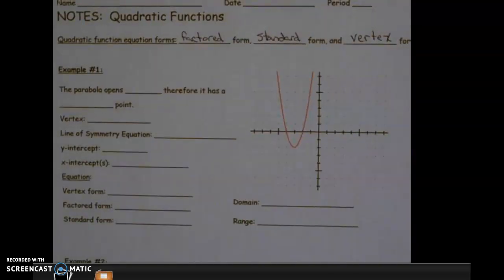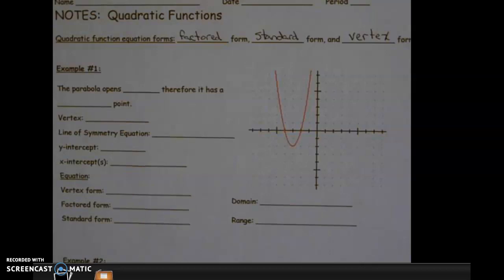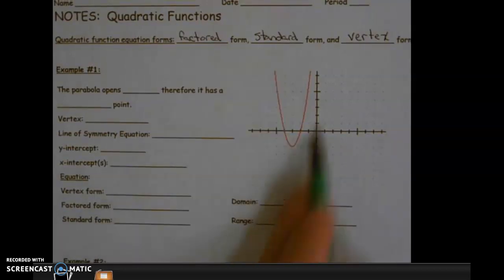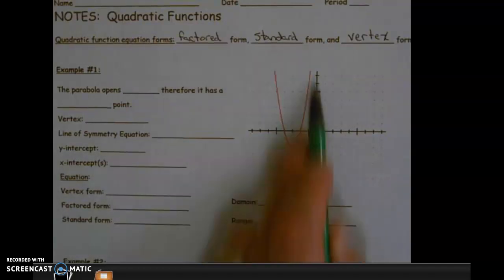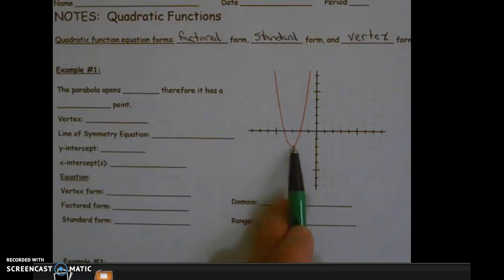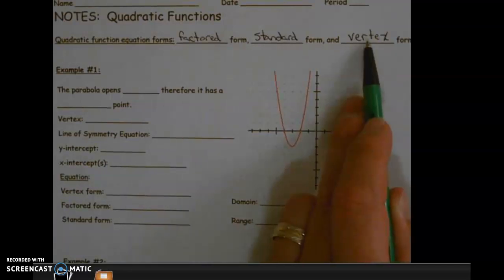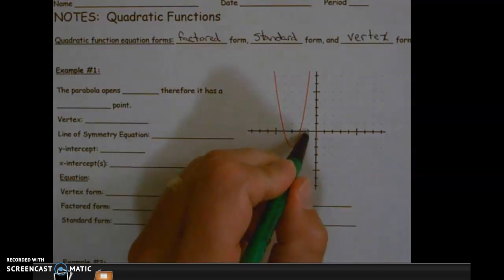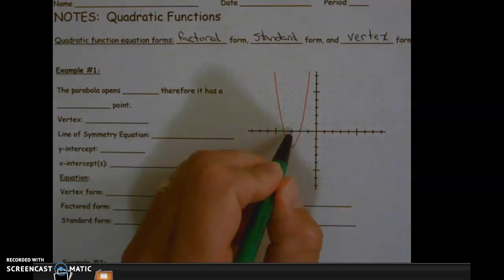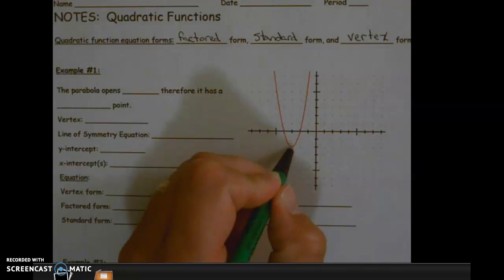So looking at this graph, the simplest form when you're going from a graph is usually the vertex form. For the vertex form, we just need to find the vertex, so that's going to be at -3, -2.